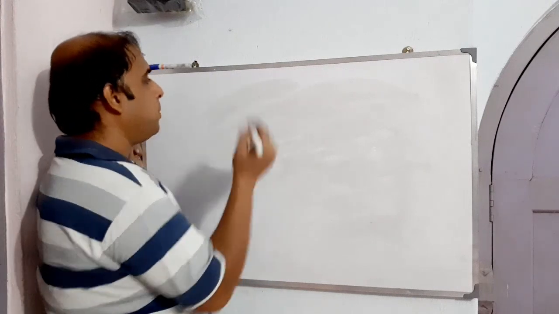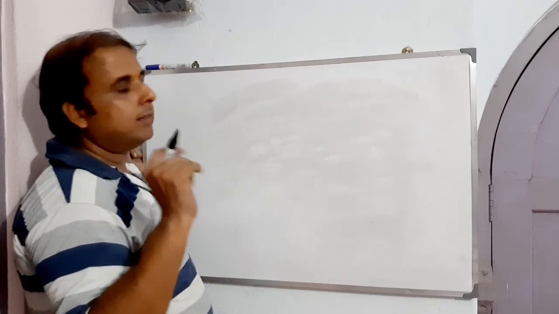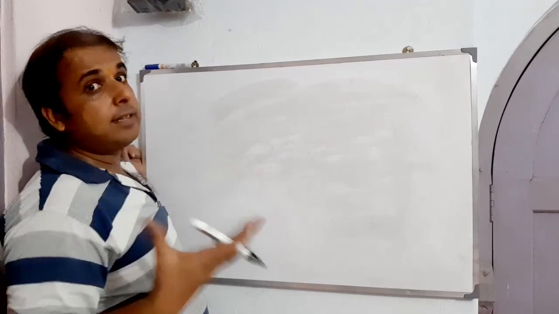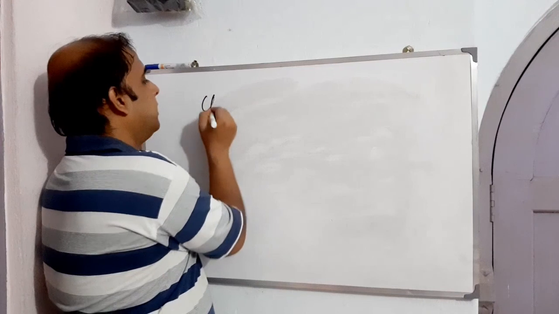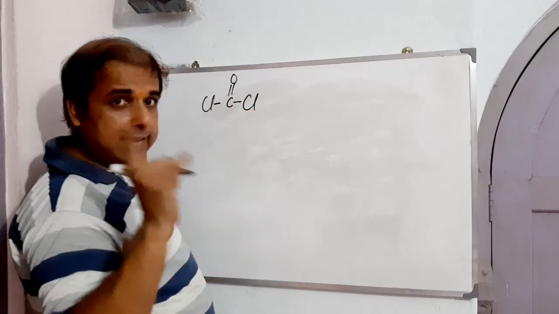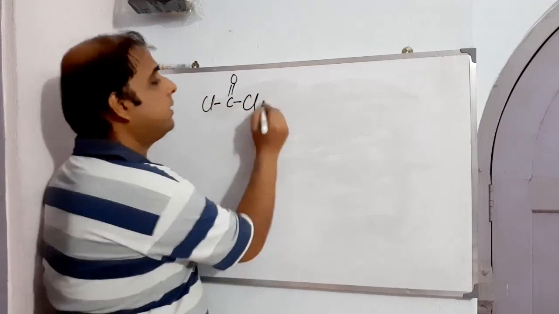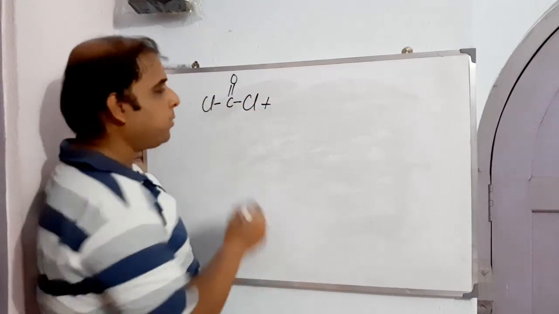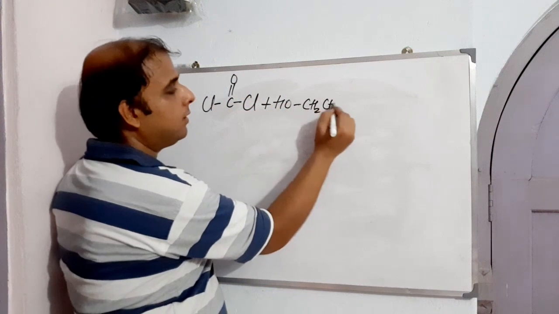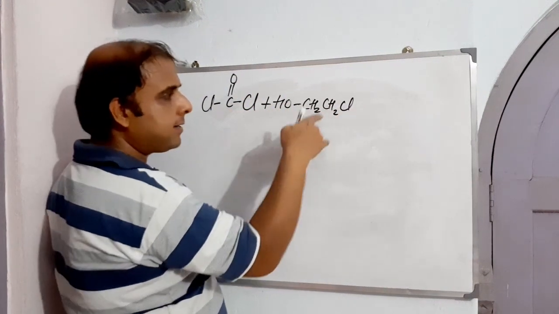So first and foremost, let us bring the second as well as the third reagent, that is carbonyl chloride. It reacts with chloroethanol. To be more precise, 2-chloroethanol.